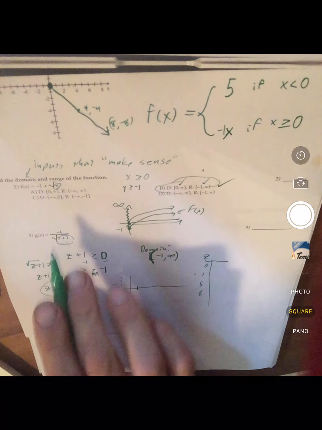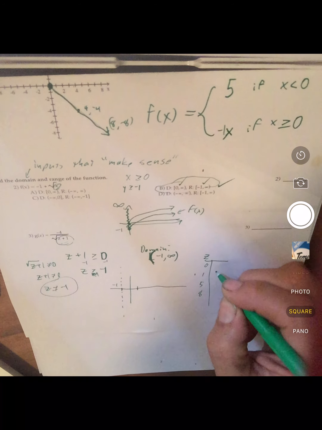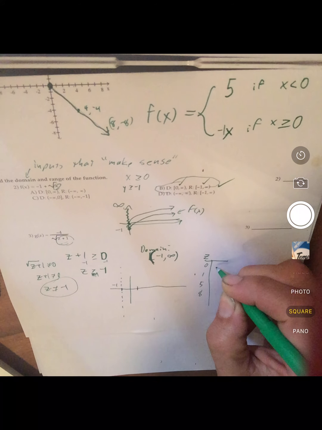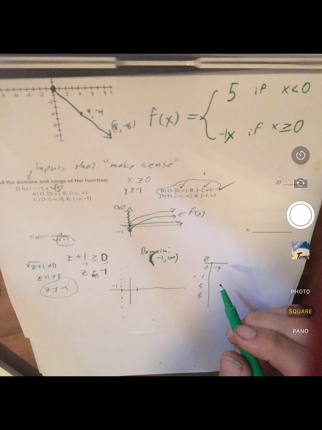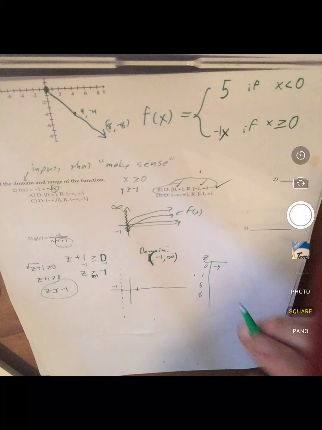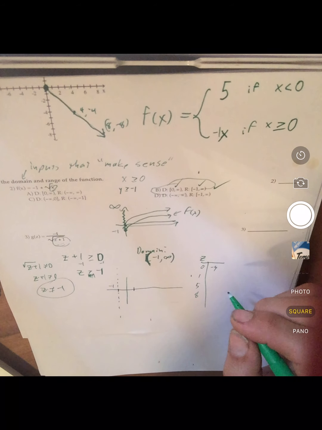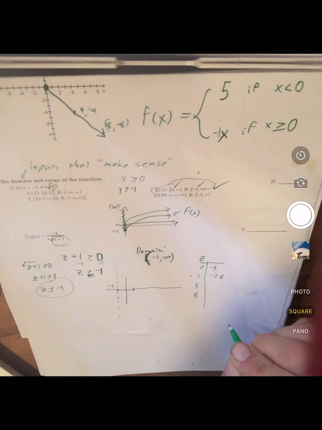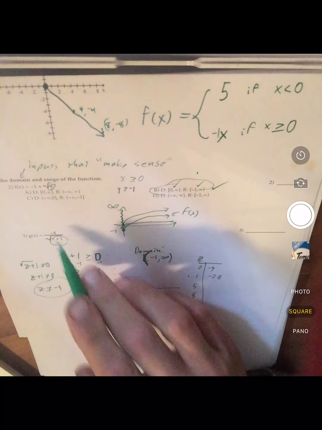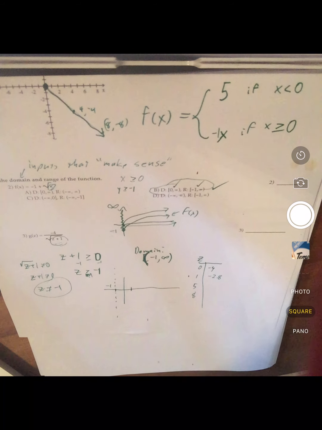So if z is 0, you get negative 4 divided by 1. If z is 1, you get negative 4 divided by square root of 2, which comes out, I think, somewhere around negative 2.8. Z is 5, I get negative 4 over square root of 6.